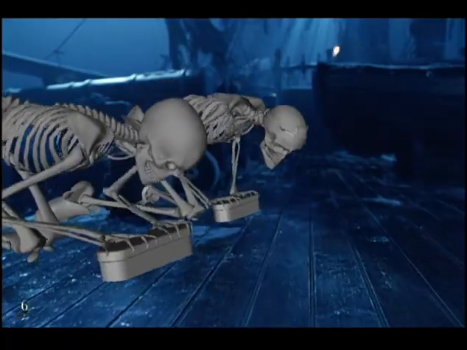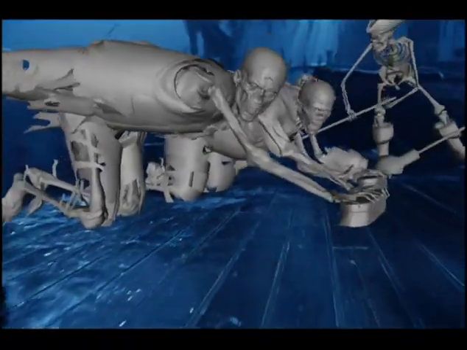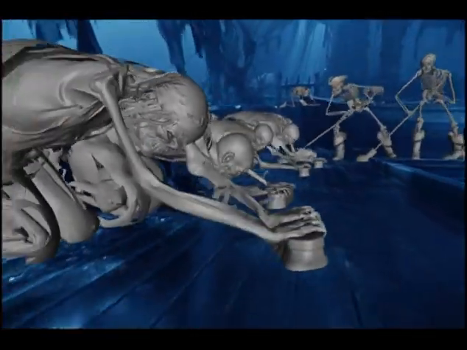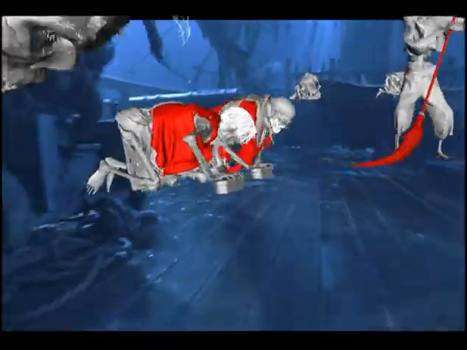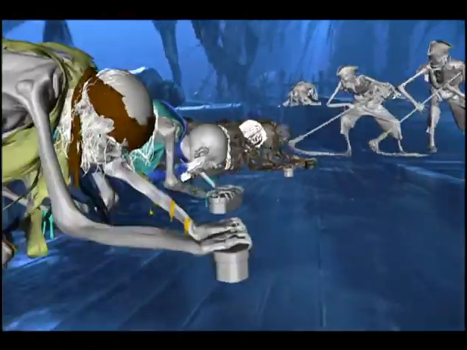We can see the relative brightness between their skin and their clothes and where the light is coming from. And then with the clean plate, it's much easier then to remove those actors and put our computer-generated pirates in place of them.